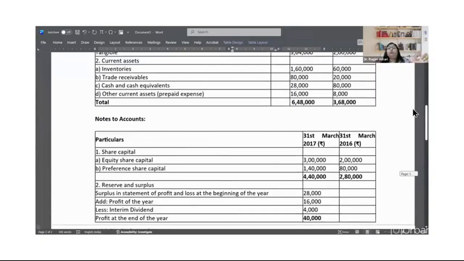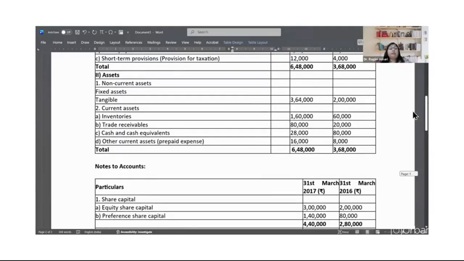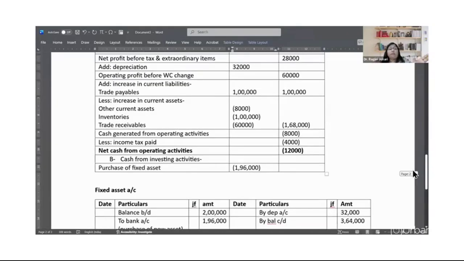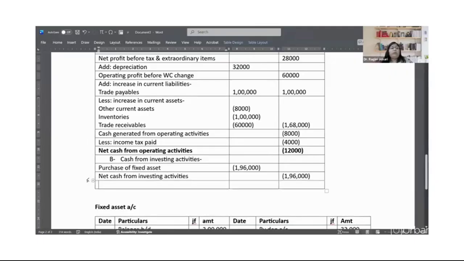As you can see, no asset has been reduced, that the money has been received. So there is no cash inflow. It's only cash outflow. Okay. So finally, we write that net cash from investing activities is a negative of 1,96,000. So that completes my part B also.